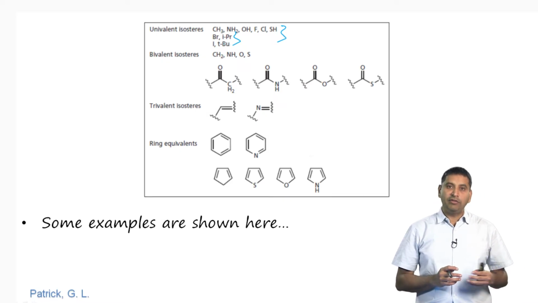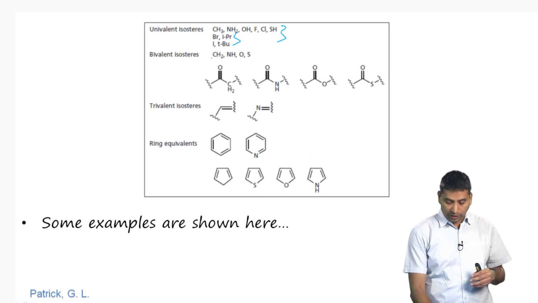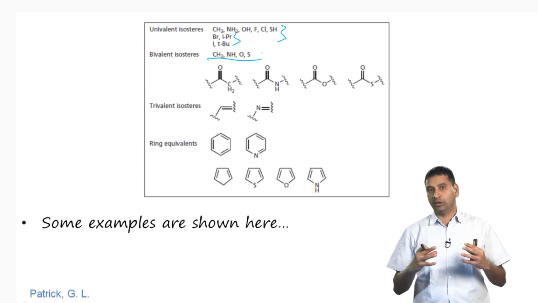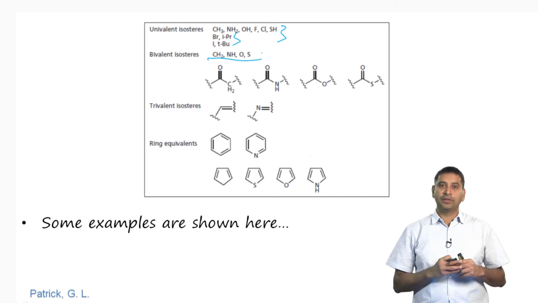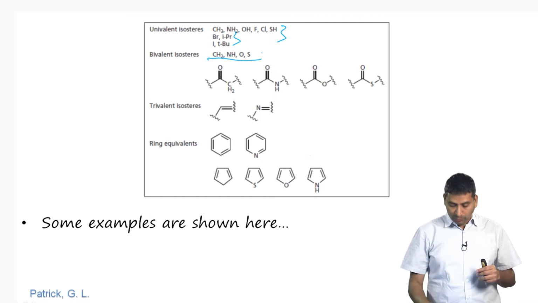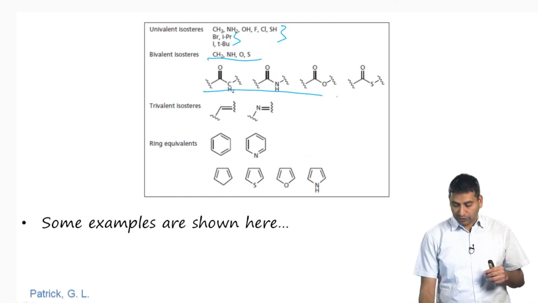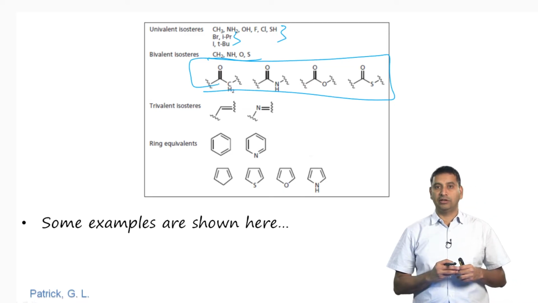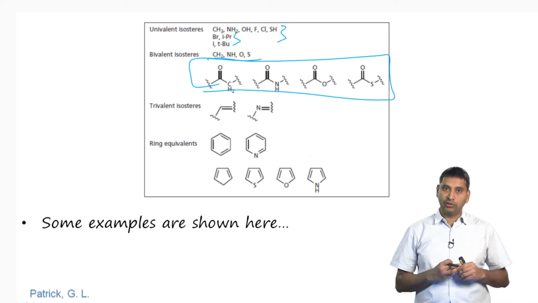And then there are bivalent isosteres, wherein you have CH2, NH, O and S, which can work with two different groups on both sides. You can also have isosteres where you have various esters, amides and thioesters, which are all going to be bivalent isosteres.